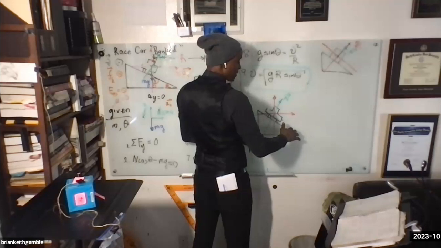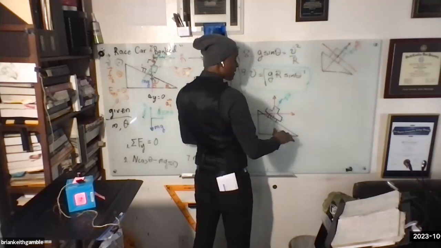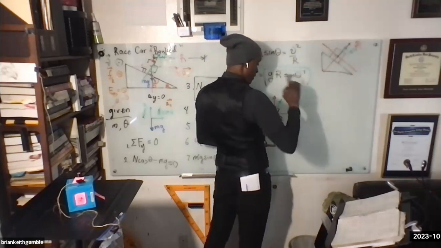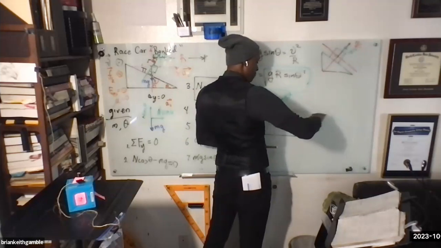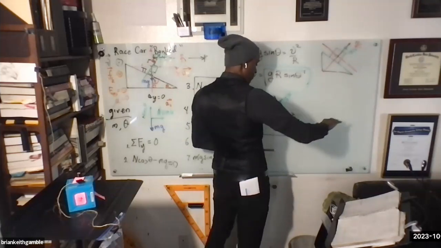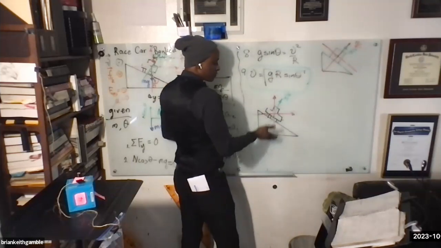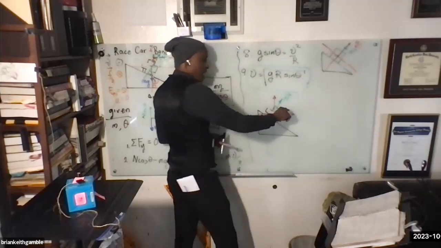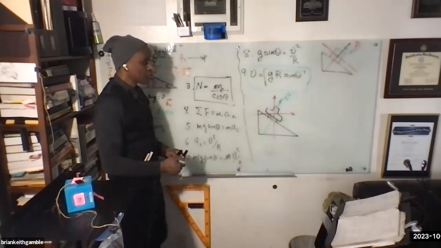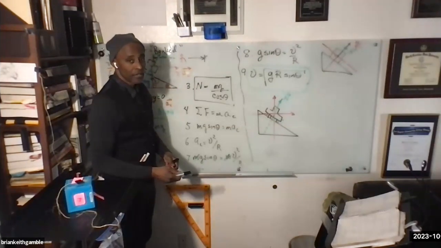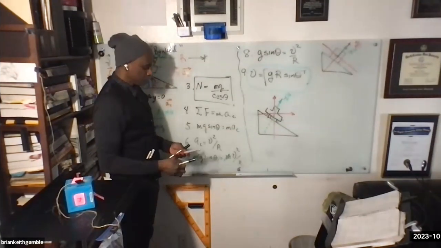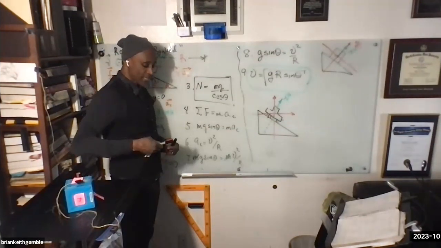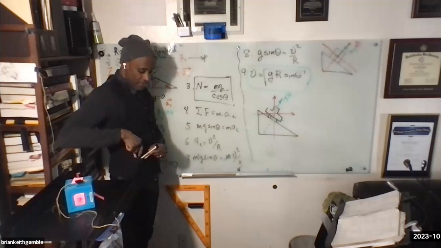But it does have an acceleration if it's moving in a circle along the horizontal relative to the ground. So I shifted my axis so that I could have the x-axis parallel to that acceleration, namely the centripetal acceleration. That's the difference in these problems, and that's why I did it. Does that make sense? Yeah, it does.